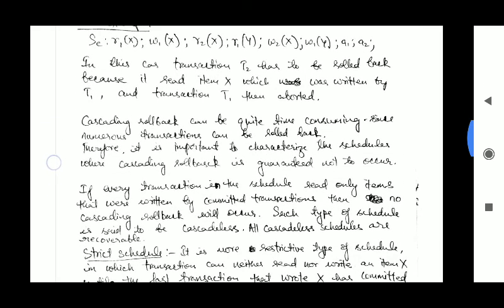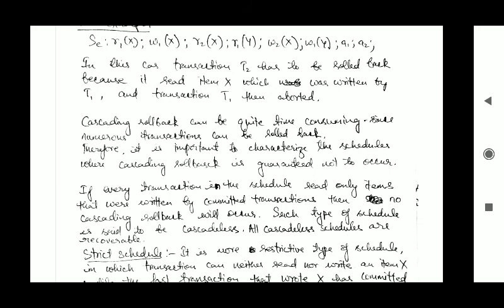Cascading rollback can be quite time consuming since numerous transactions can be rolled back. For example, suppose there is a transaction T1 and it has written item X, and item X has been read by different transactions T2, T3, T4 and many more, and after that transaction T1, which had written the item X, is aborted. Then all the transactions that read the value of X written by transaction T1 will have to be rolled back.